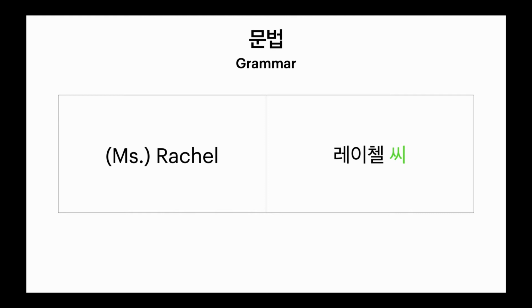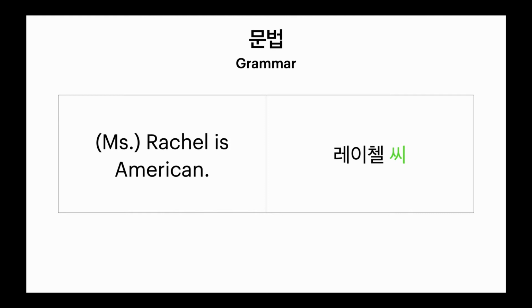So 레이첼 씨. Now, if we want to say Rachel is American, 레이첼 씨, we need to add the topic particle. What do you think? 레이첼 씨는 is American. 미국 사람이에요. 레이첼 씨는 미국 사람이에요.